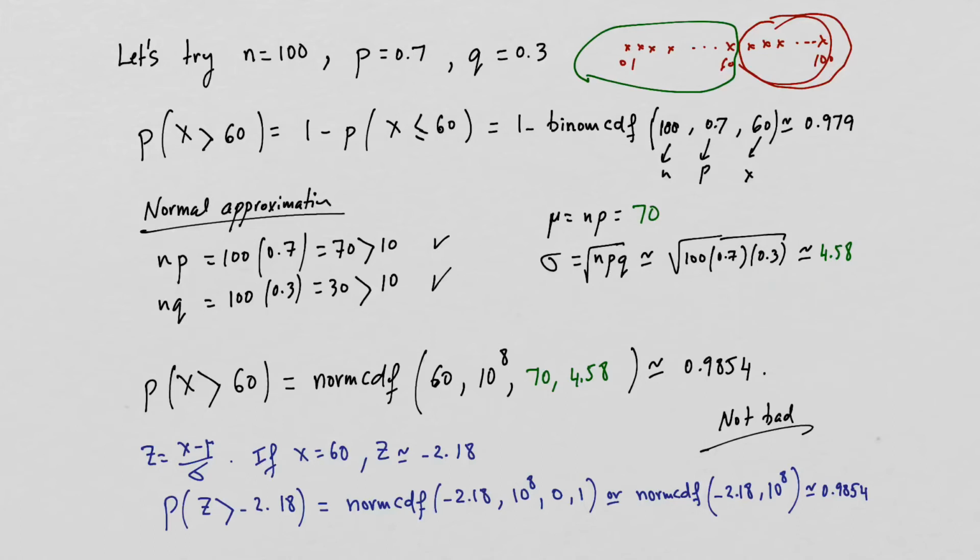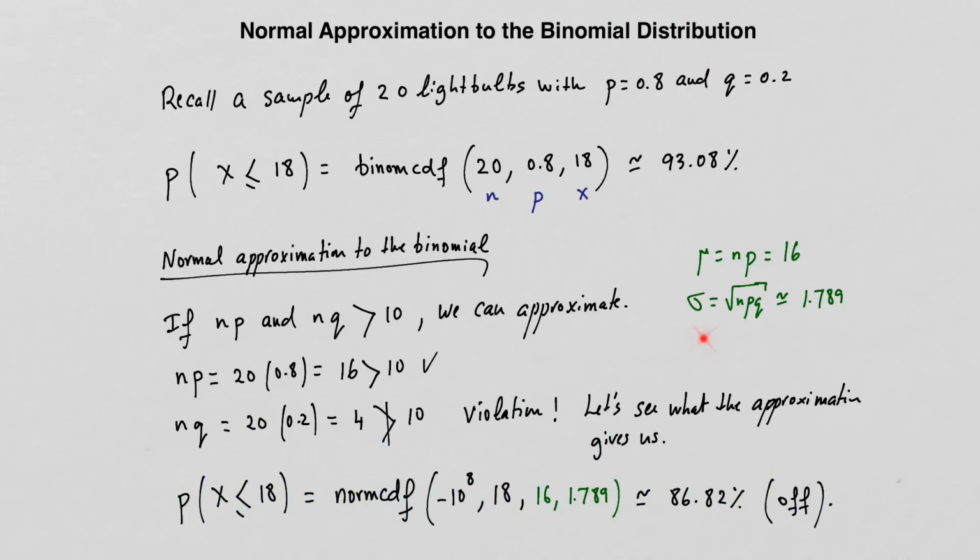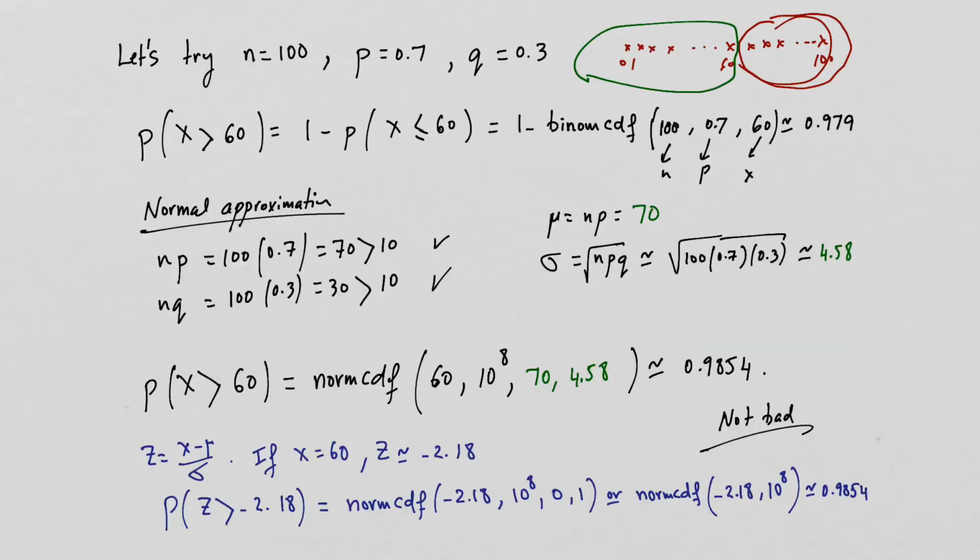Okay, so I'm going to assume it's normal now because the two conditions were fulfilled. So I'm going to do norm CDF interval. The interval goes from smallest number to the biggest number, right? And then I need mu and sigma. I showed you how to find mu and sigma. Mu is NP. NP is 70. I just did it. We knew the answer anyway. And standard deviation is square root of NPQ. So square root of 100 times 0.7 times 0.3.